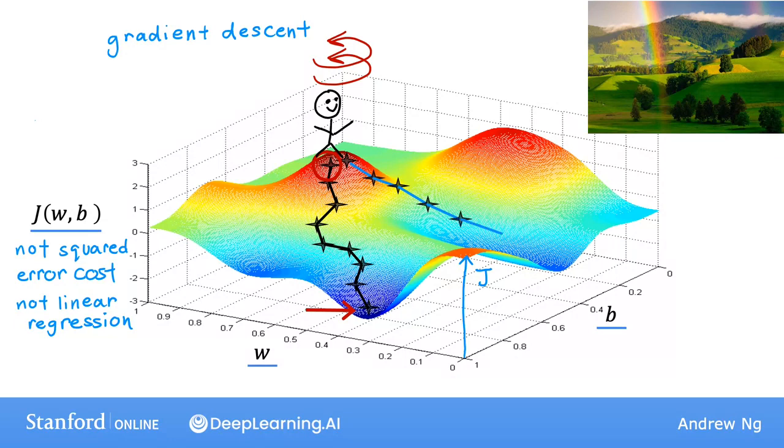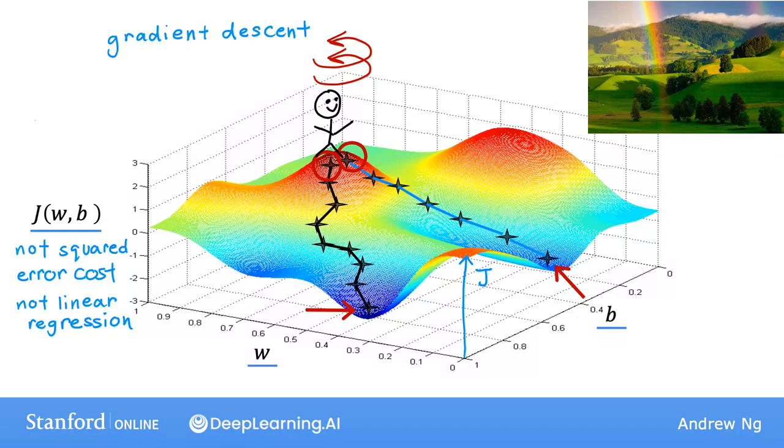And if you were to run gradient descent the second time, starting just a couple steps to the right of where we did it the first time, then you would end up in a totally different valley, this different minimum over here on the right.